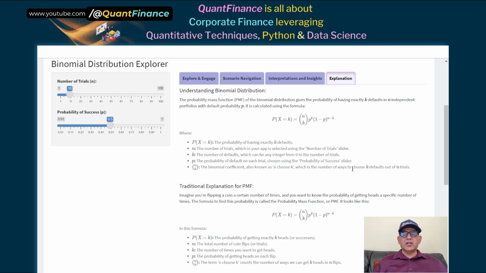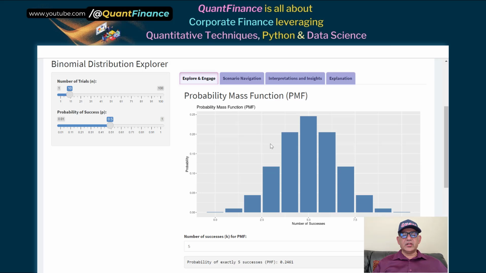So this is the conceptual foundation. This is the mathematical and formula foundation. And this is how the plot emerges for the probability mass function, right? When n is 10 and the probability of success is 0.5, this is the situation which comes out here.